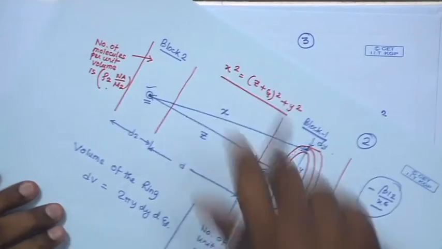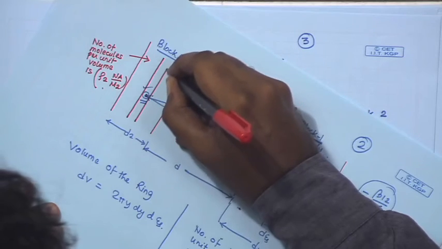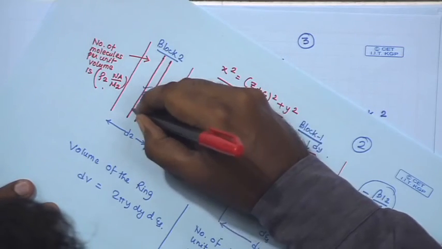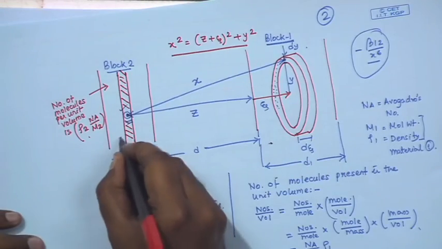What we do is we identify a region, cross section is A and the thickness is dz.